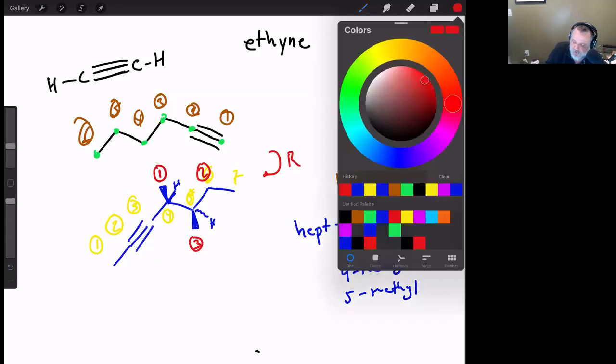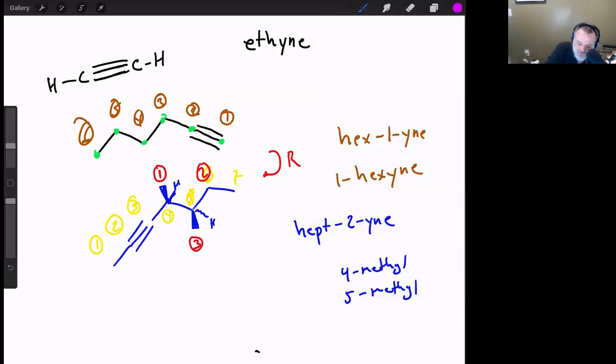Let's use a different color for that one. So it looks like this one will be priority group number 4. What about this carbon versus this carbon? How do we deal with the priorities there? Well, we're going to treat triple bonds the same way we treated double bonds. When we draw a list, we want to write all of the atoms that atom is attached to.